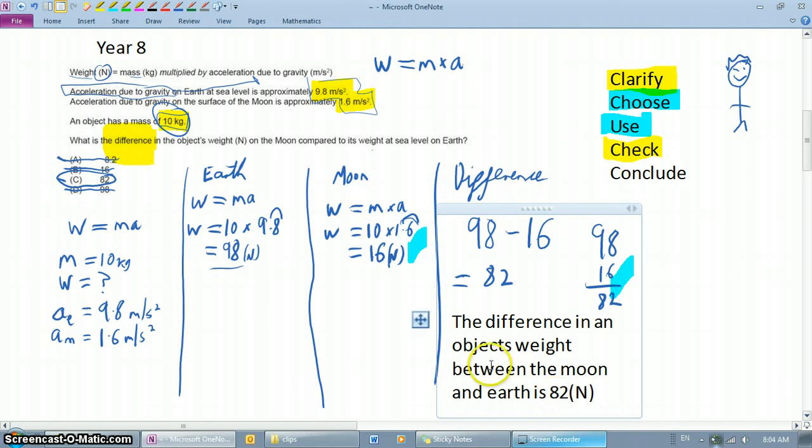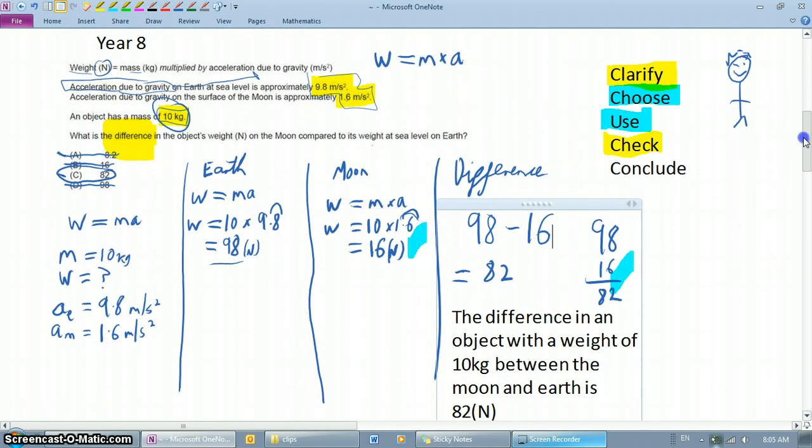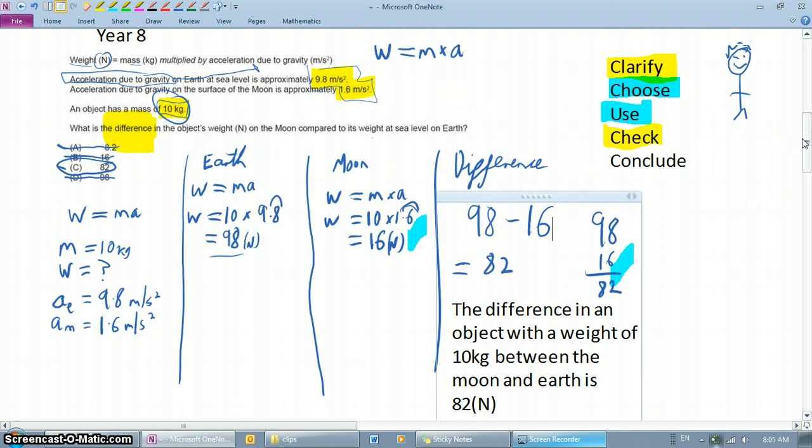Now we need to clarify the mass because we do know the mass is 10 kilos. So the difference in weight of an object with a mass of 10 kilos between the Moon and the Earth is 82 newtons. So I have clarified, I have chosen an appropriate strategy, I have used it and checked it, and I have concluded.